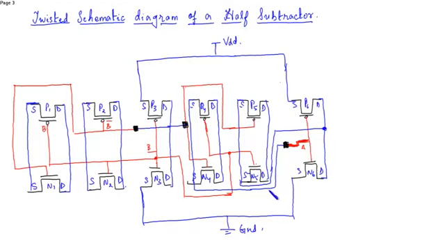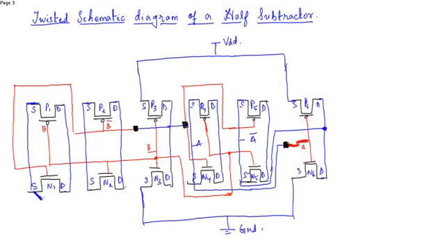Actually this should be a bit below, so while drawing the layout we will be careful. So this is A bar, so here it's A bar, here A is connected.